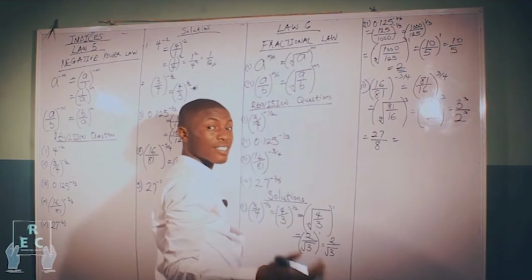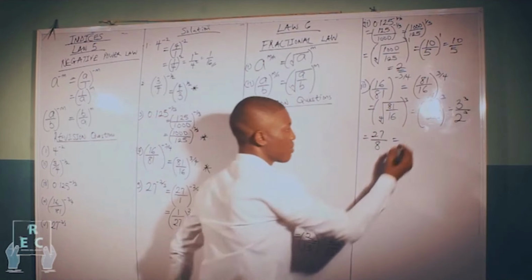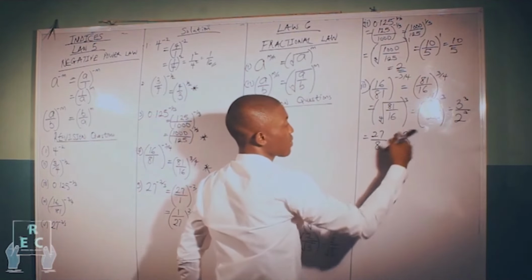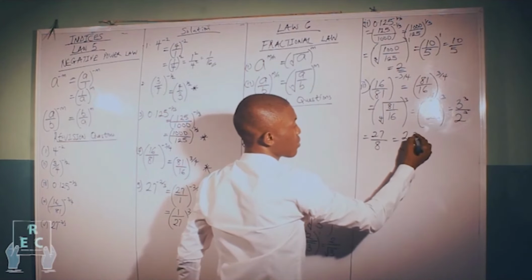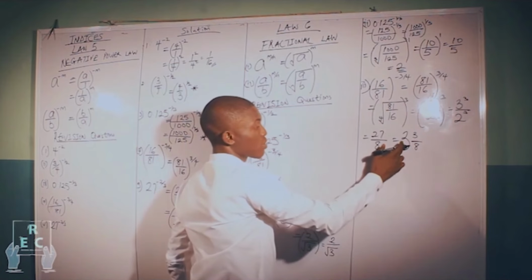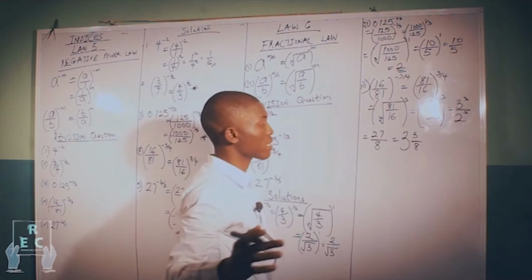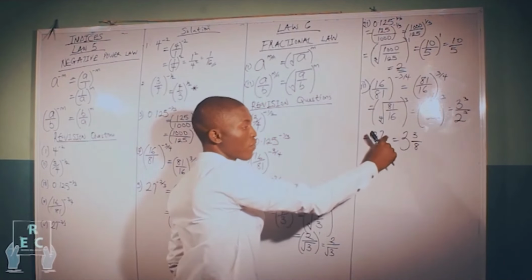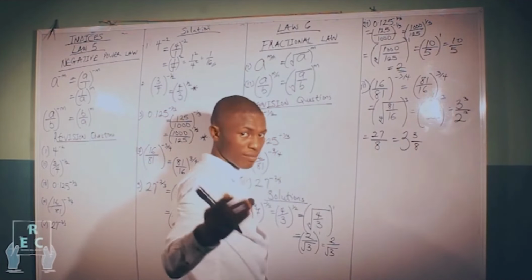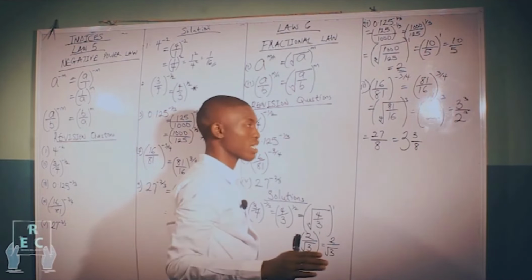Expressed as a mixed fraction, 8 into 27 is 3 times, remainder 3. So we remain with 3 over 8. You can cross check: 3 times 8 is 24, plus 3, 27. But if you don't still understand how to convert from improper fraction to mixed fraction, you can check our division series on fractions. It is well explained.